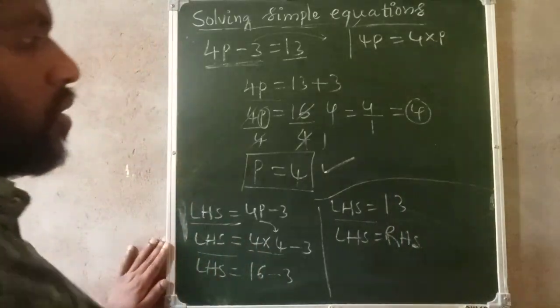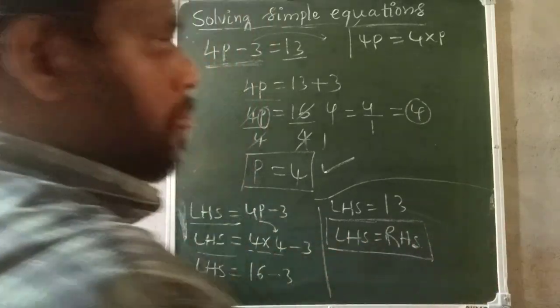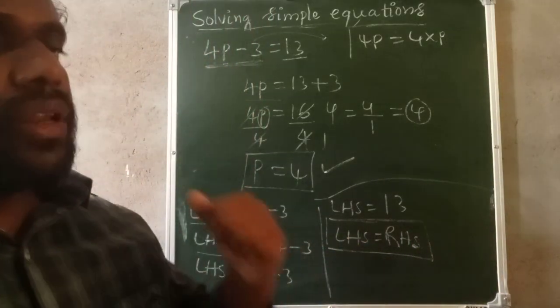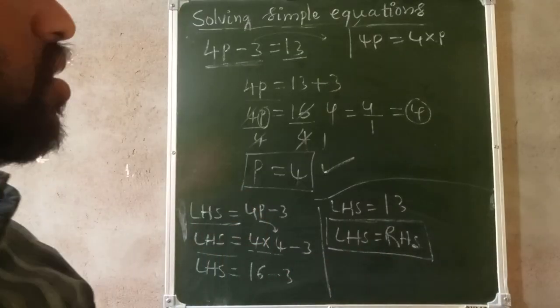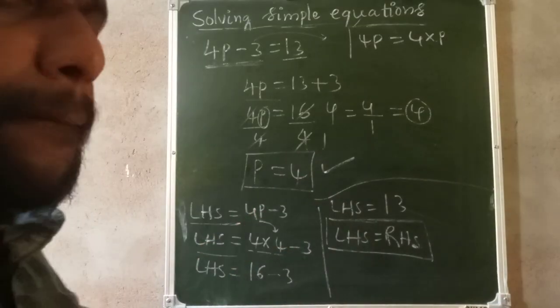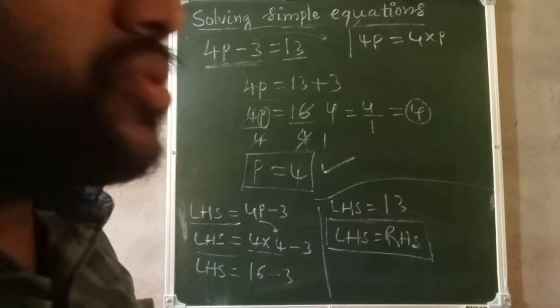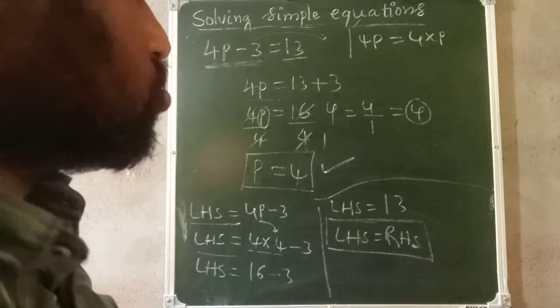So we got LHS is equal to RHS. Remember, when LHS is equal to RHS, that means this answer is correct. So p is equal to 4 is the correct answer, because we got LHS is equal to RHS.